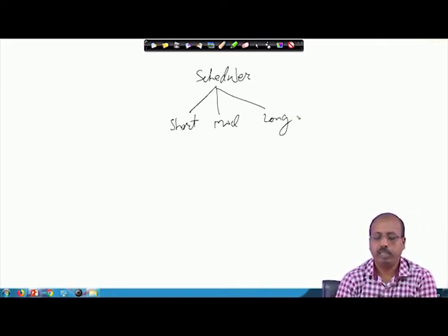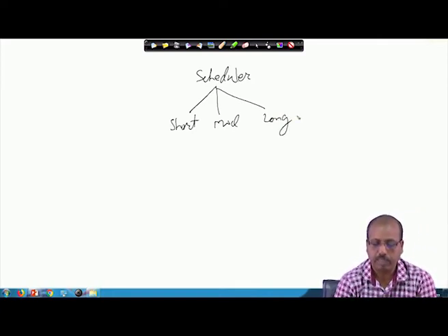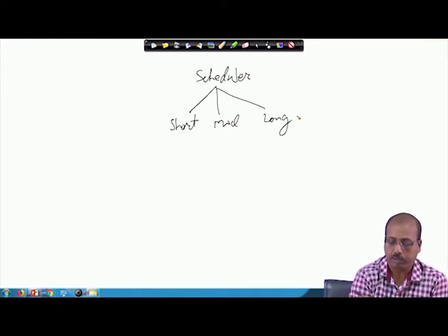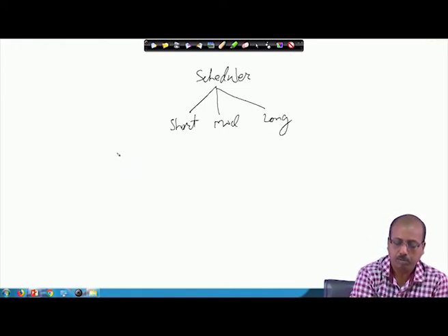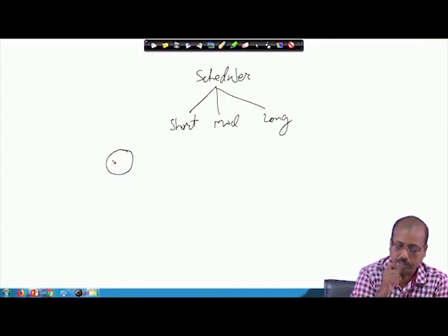Now, if you remember that process state transition diagram, we have said that the processes are residing in the disk. This is the created state, now created to the new state, that is by this admitted.